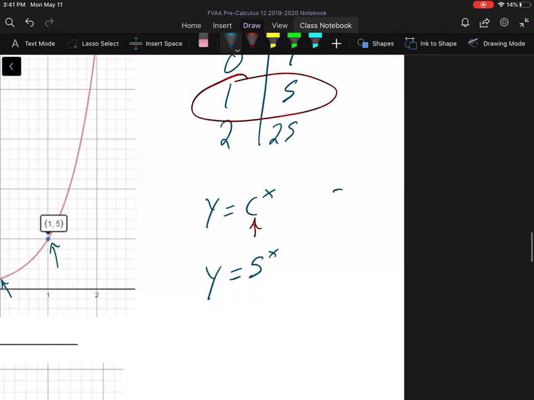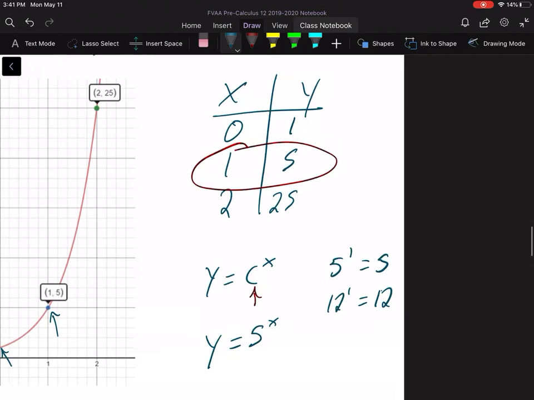If I say 5 to the 1, that's equal to 5. If I say 12 to the 1, that's equal to 12, right? And so this is by far the most telling value there for sure. Okay, if you have a positive x exponent when you're dealing with an equation, that's a good hint there.